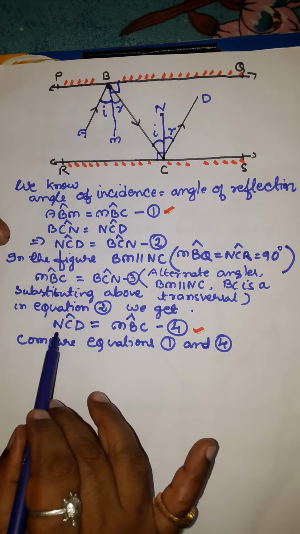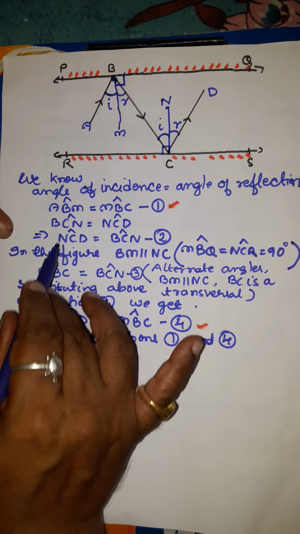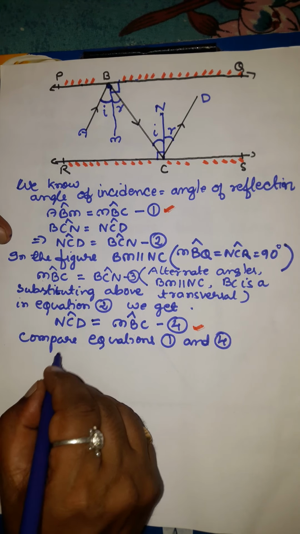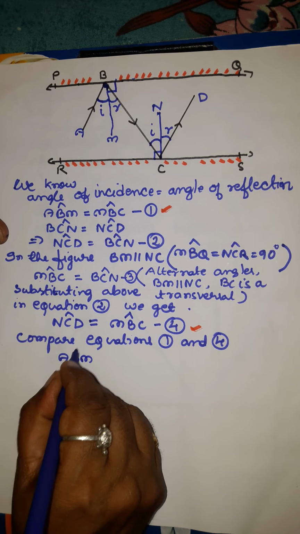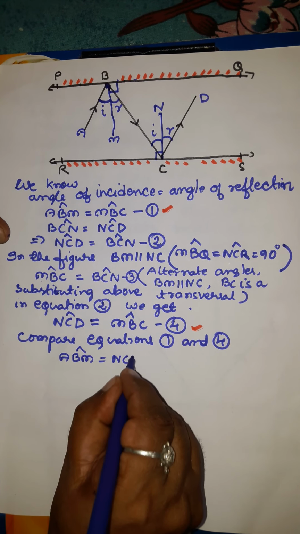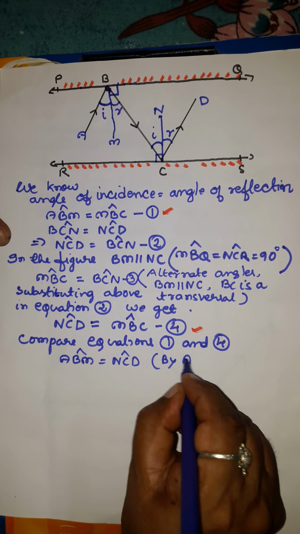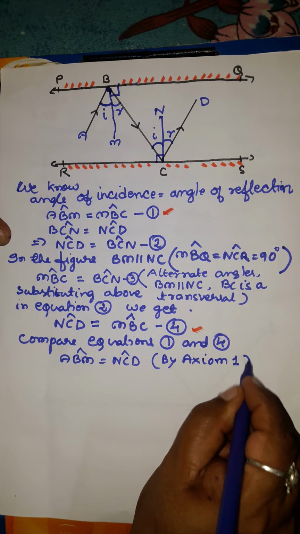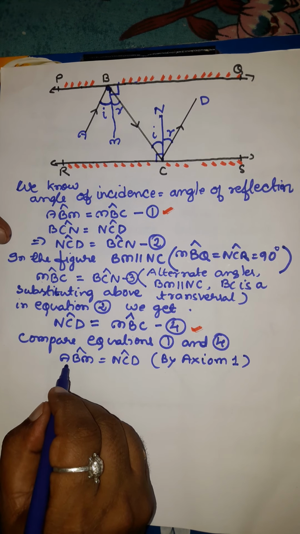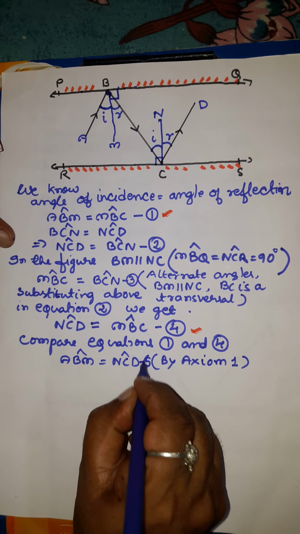Things equal to the same thing are equal to one another. So, therefore, the left hand sides of the equations will be equal. Therefore, angle ABM is equal to angle NCD by axiom 1. So, we got ABM is equal to NCD. I will call this equation 5.